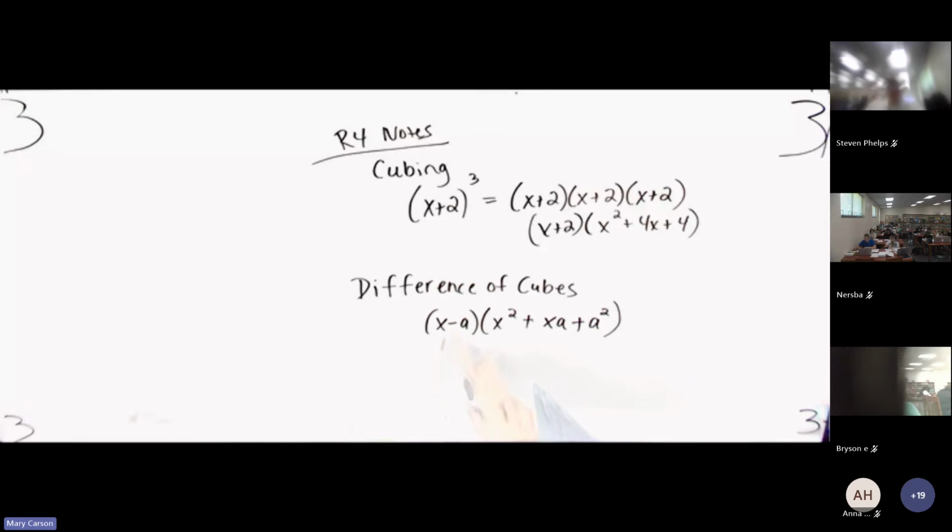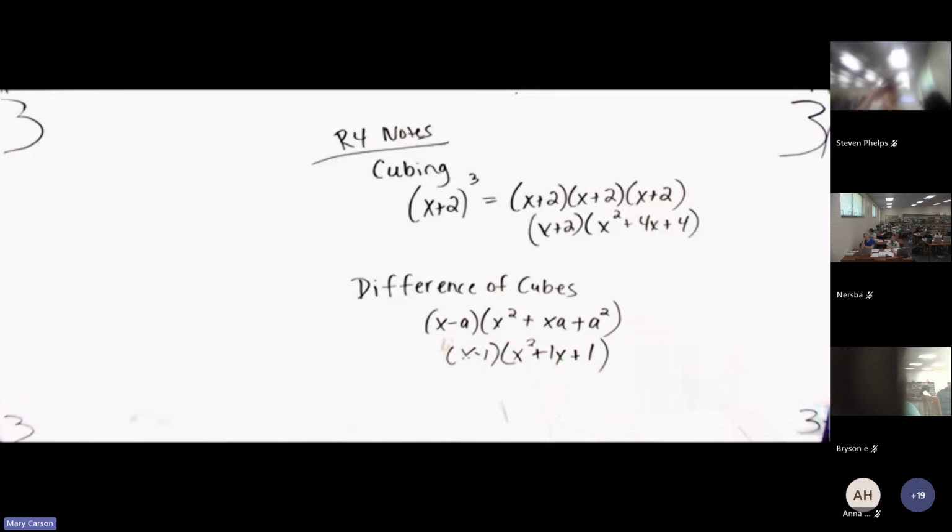You have a difference in the front, and then these two are both positive. So let's see. If we had x minus 1 times, and then again, it would be x squared the first term, multiply the 2 in the middle, 1 times x is 1x, and then square the last term. It would look like that. So again, it's a minus in the front, and then both of these are plus plus, and to get this part, you would take the cube root here, and then you square the first term, square this term, and then multiply the 2 in the middle to get that one.